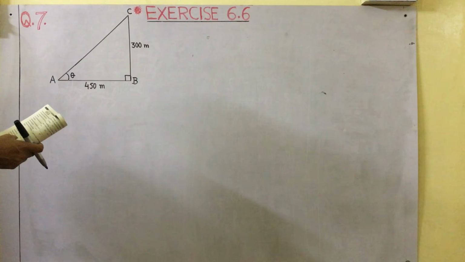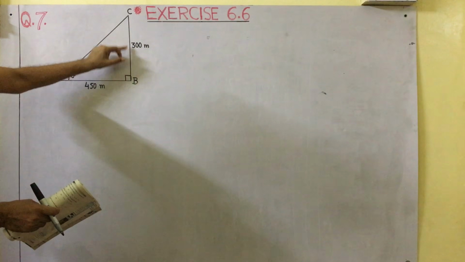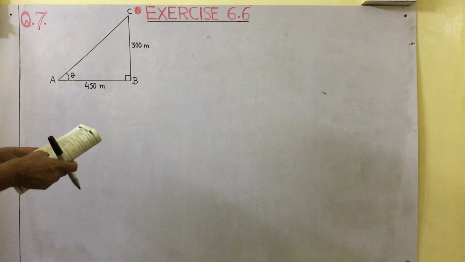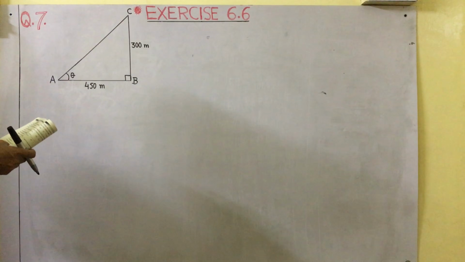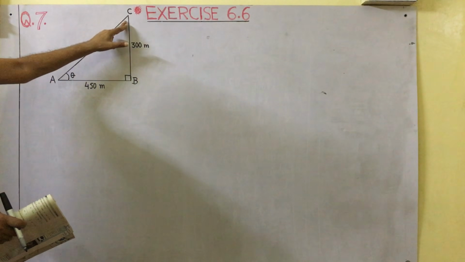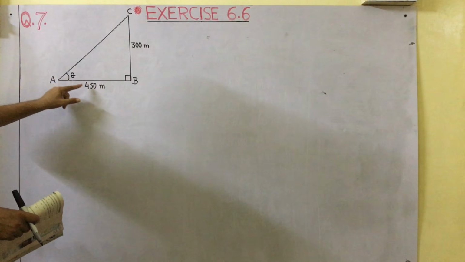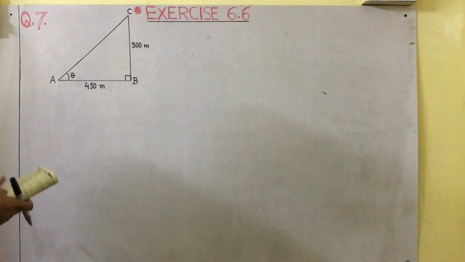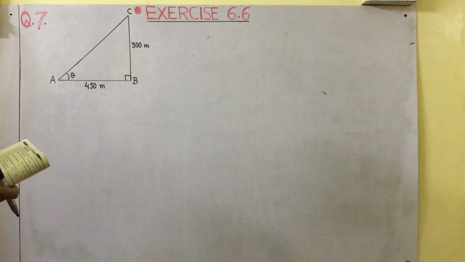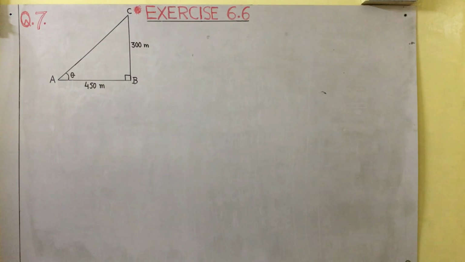If the tower is 300 meters high, BC represents the tower which is 300 meters high. It casts a shadow of 450 meters long. The length of the shadow is 450 meters. We have to find the angle of elevation of the sun.